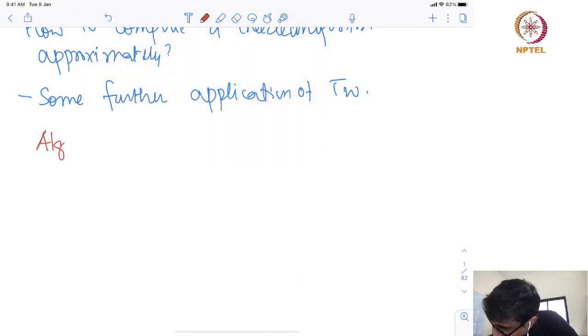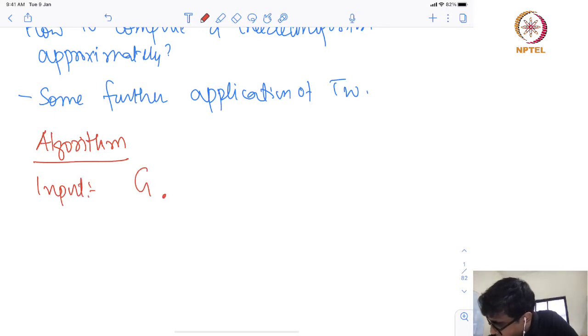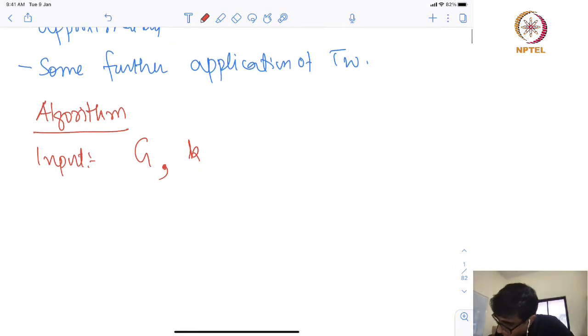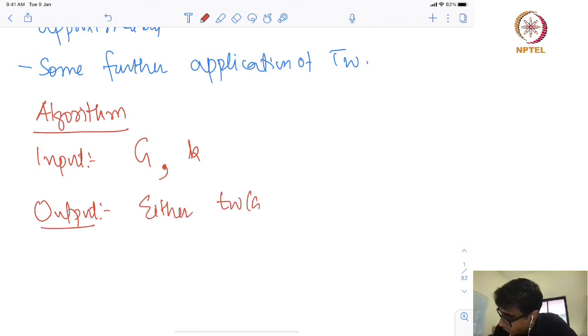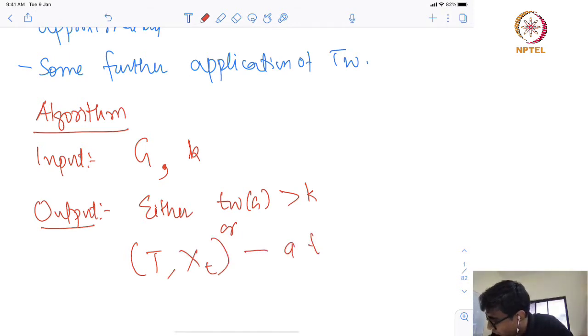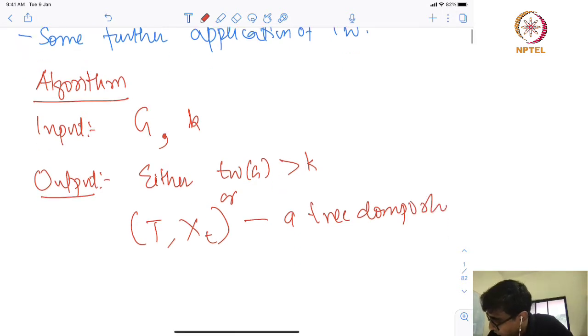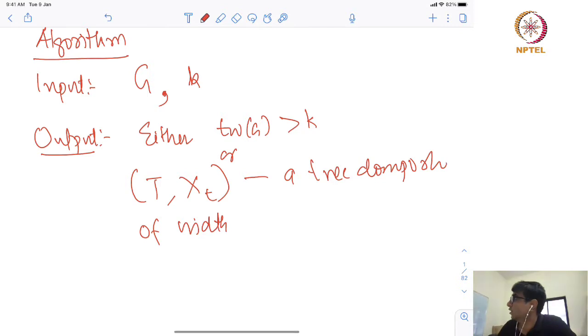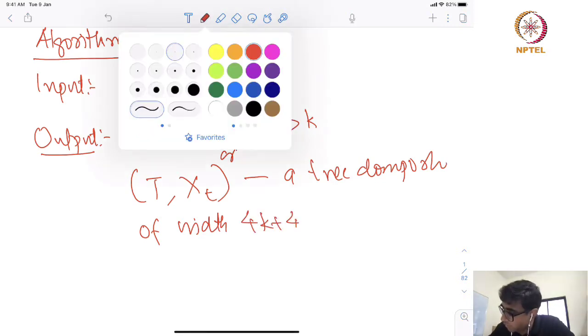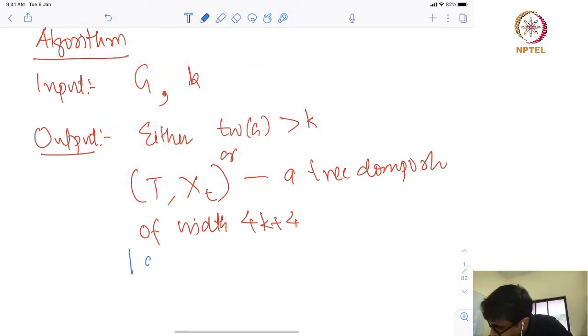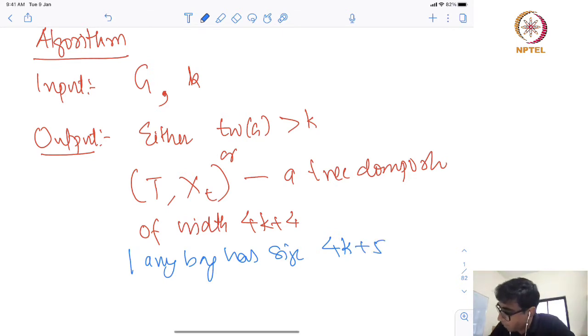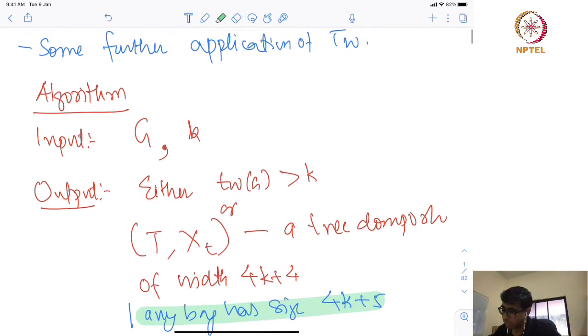Our algorithm took as input a graph G and a number K, and it outputs one of two things: either the tree width of G is more than K, or a tree decomposition of width 4k plus 4, or in other words, an output such that any bag has size at most 4k plus 5. Okay. So, this is what our algorithm did.